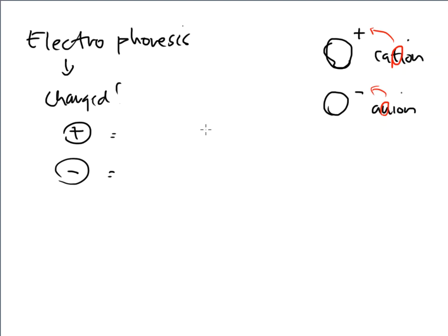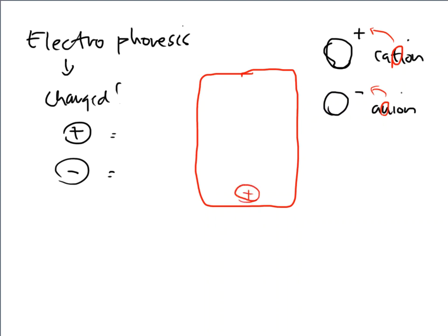So, I have a chamber, is what we're going to call this, and the chamber is going to have a positive area, and the chamber is going to have a negative area. We are not talking about ions. We are talking about a general charge in a solution in an environment, not particular ions like cations and anions.